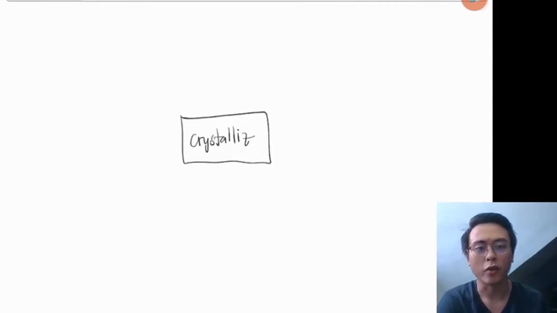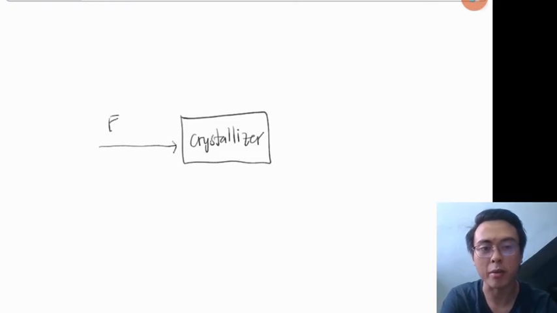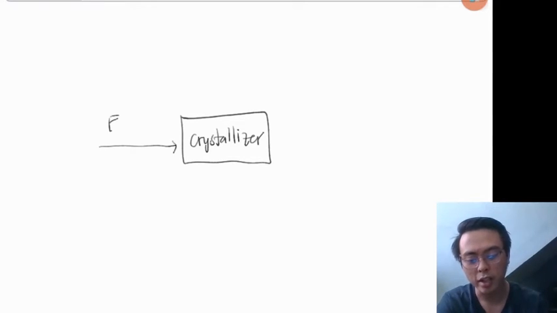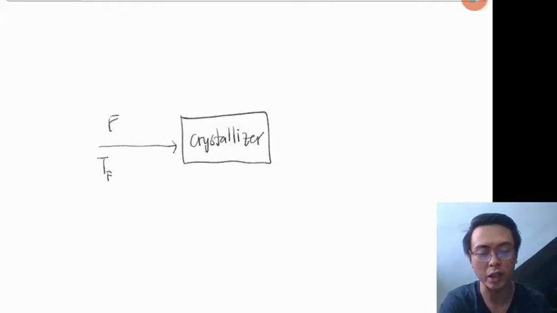For the crystallization process, so we have here the crystallizer. For the most basic crystallization process, you have your feed, which is again oftentimes a saturated solution or a solution that nears saturation. This enters at a specific temperature. We will call that the temperature of the feed.